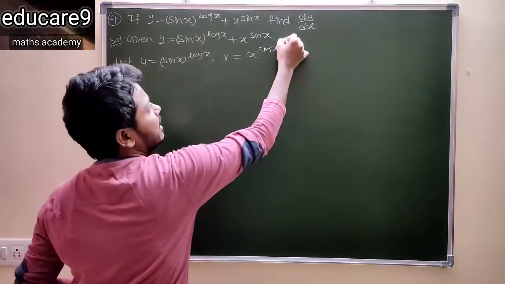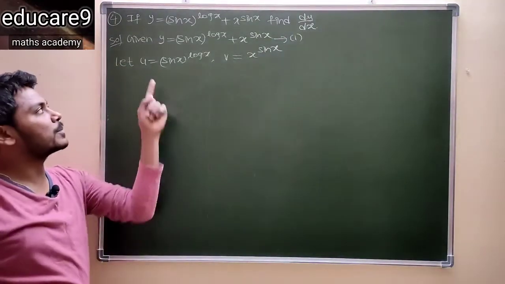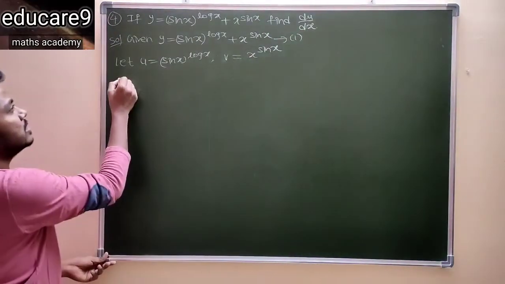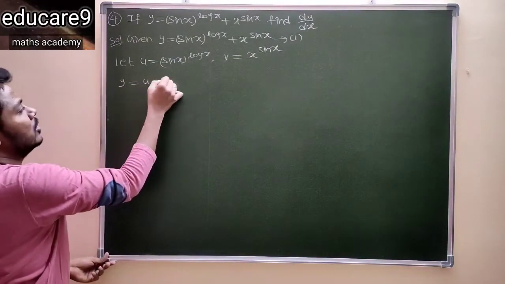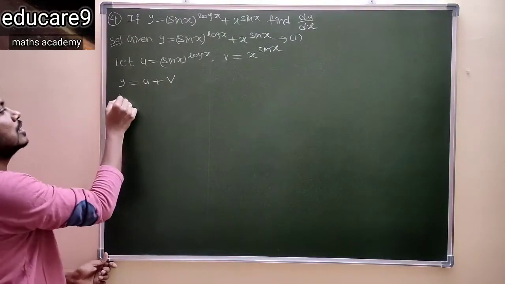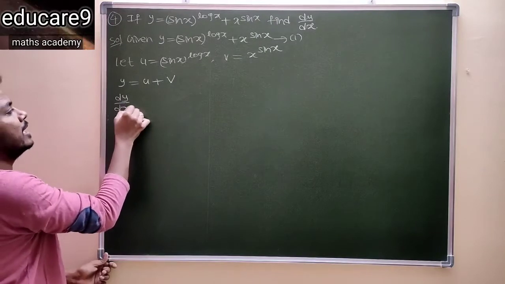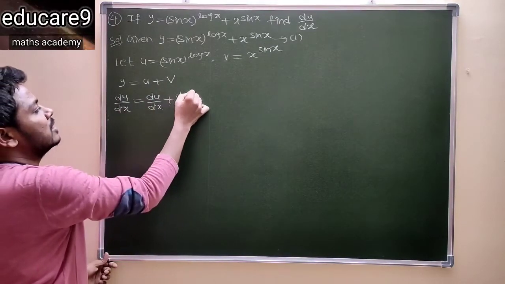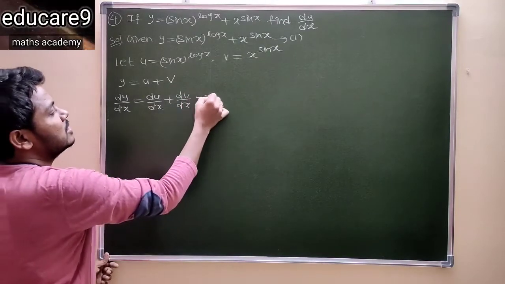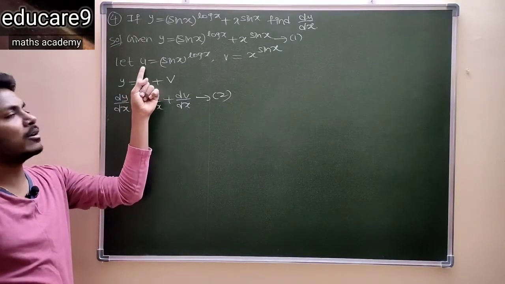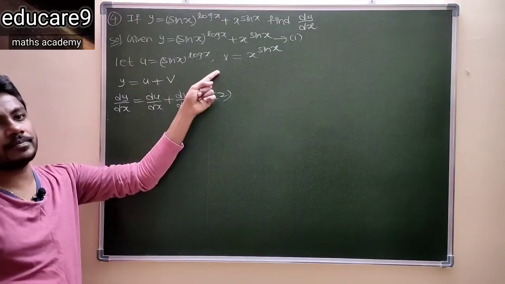Now this is equation 3. So substitute u and v values in equation 1. That is y is equal to u plus v. Now differentiate with respect to x. That is dy by dx is equals to du by dx plus dv by dx. This is equation 2. So clearly you know the u and v values.